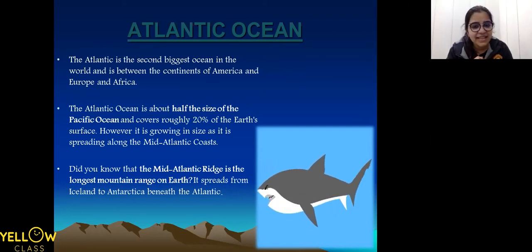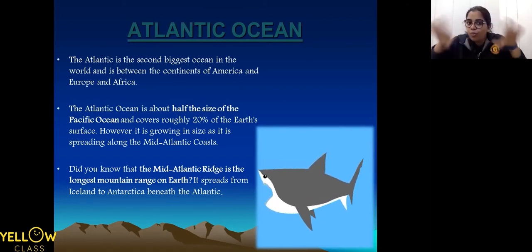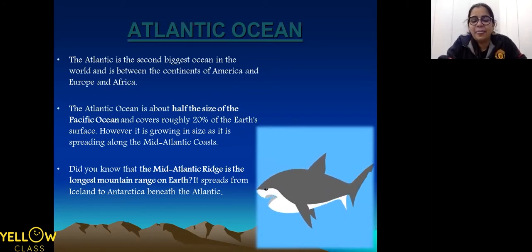Crazy. And for all my little animal lovers, fish lovers, there's a very famous shark called the thresher shark, also found in the Atlantic. Oh my God, the Atlantic is home to so many things, right?